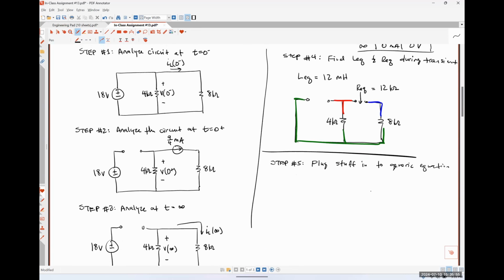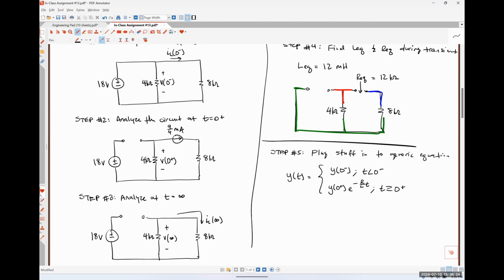So for an RL circuit, our generic equation will be as follows. y at 0 minus for t less than 0 minus, y at 0 plus, e to the negative R over L times t for t greater than or equal to 0 plus.